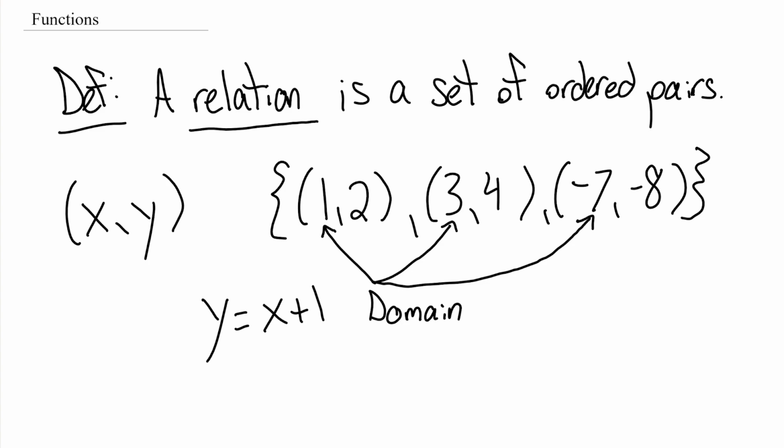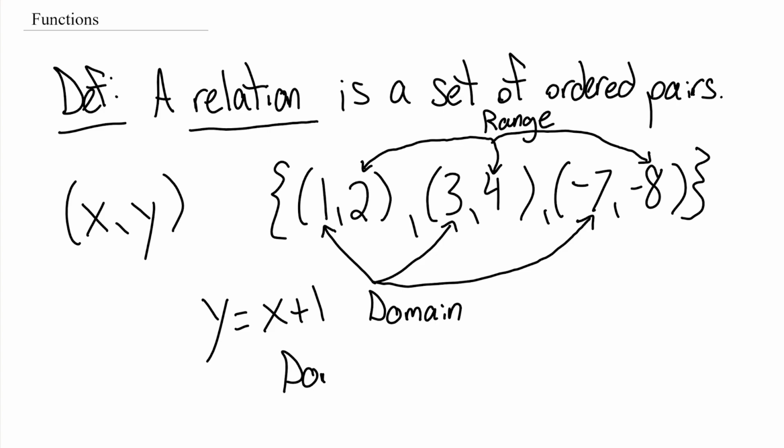So all of the possible inputs would be the domain. And the second values, the output values, are what we would call the range. So every value in the domain is known as an input. Every value in the range is known as an output.